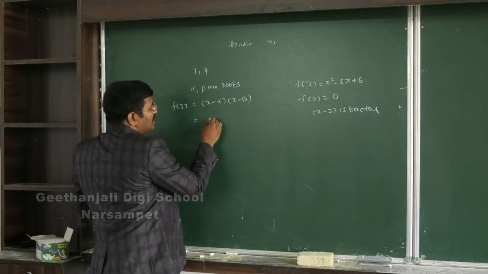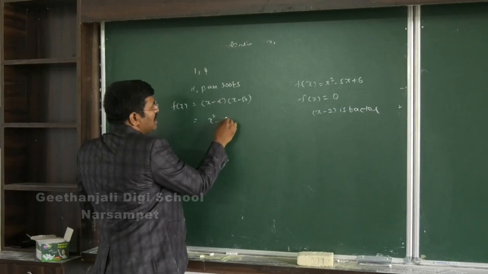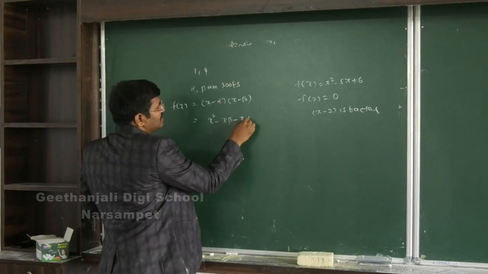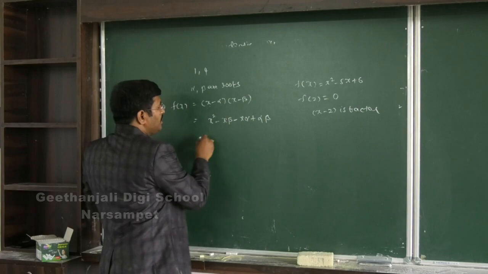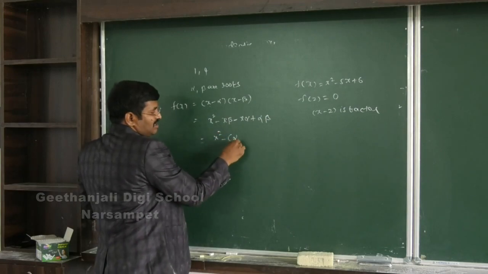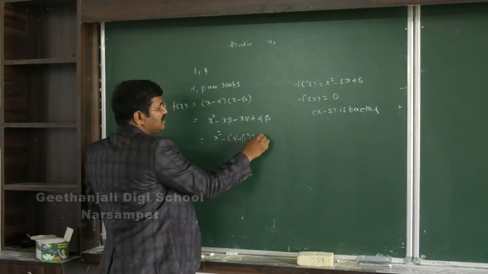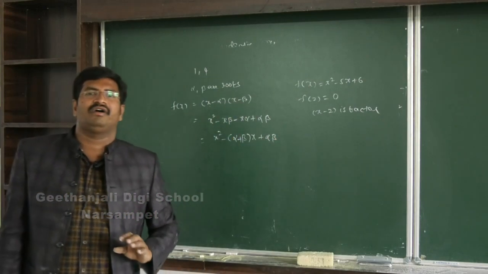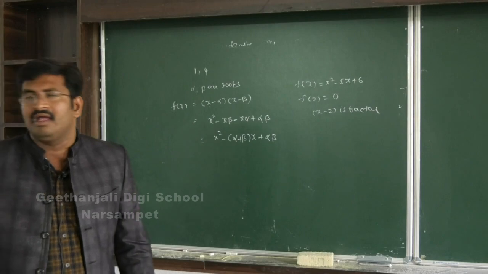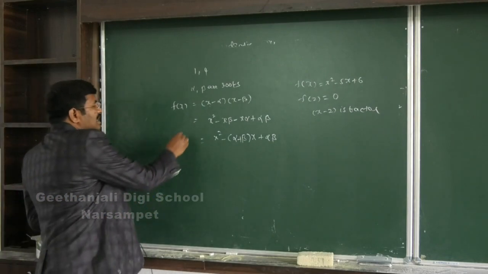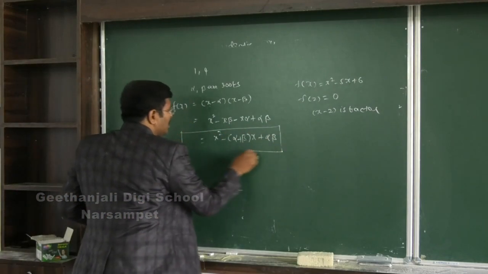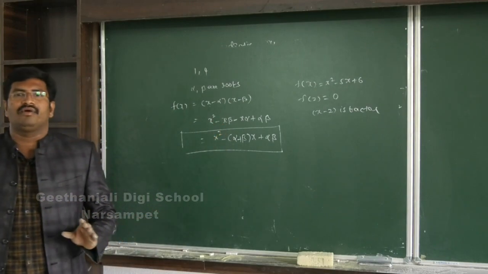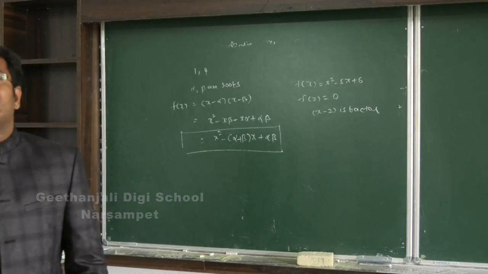You multiply, what you get is x square minus x beta minus x alpha plus alpha beta. Then x square minus (alpha plus beta) x plus alpha beta. Now this is the equation. If you know the roots, you can find the quadratic equation.